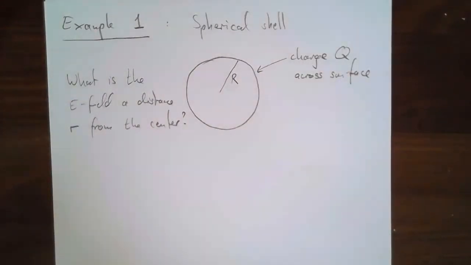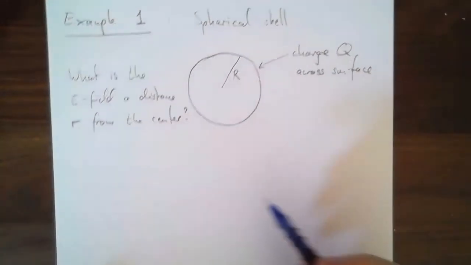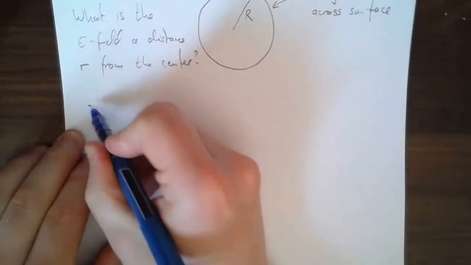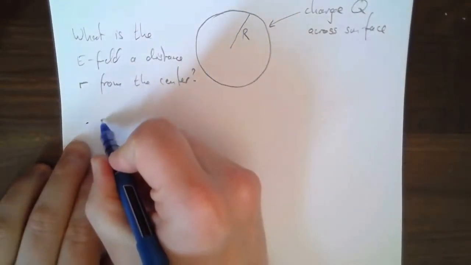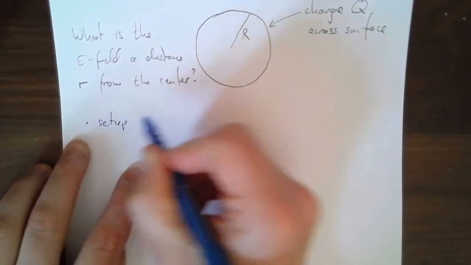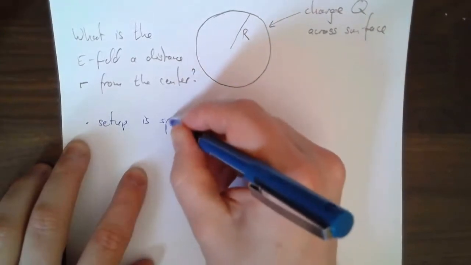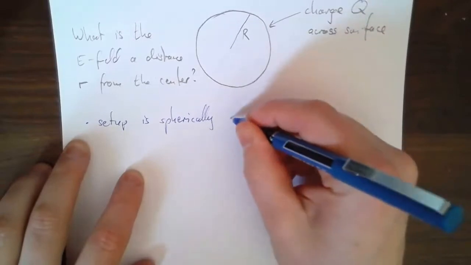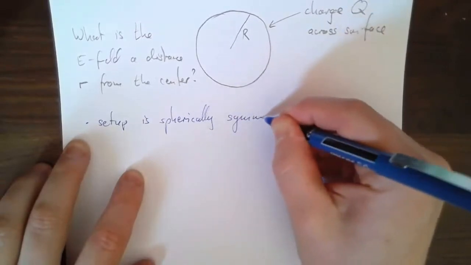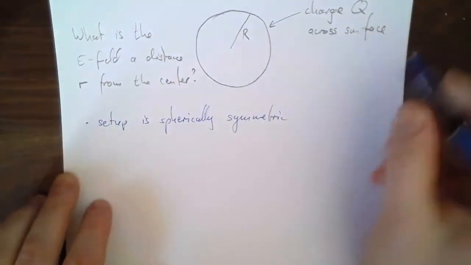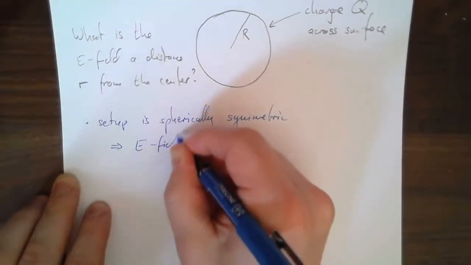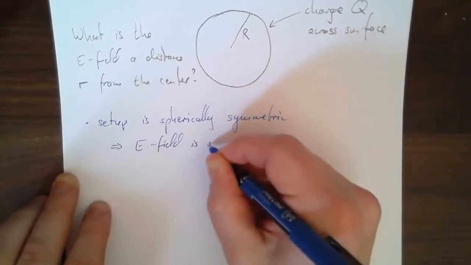So let's write this down. We observe that the setup, the charge distribution, is spherically symmetric. And therefore the electric field is spherically symmetric.